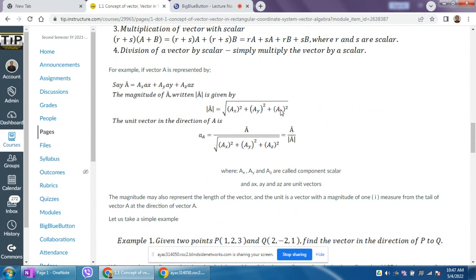So please, kailangan po nating matandaan yung mga formulas na yan as we go on with our discussion. Okay.